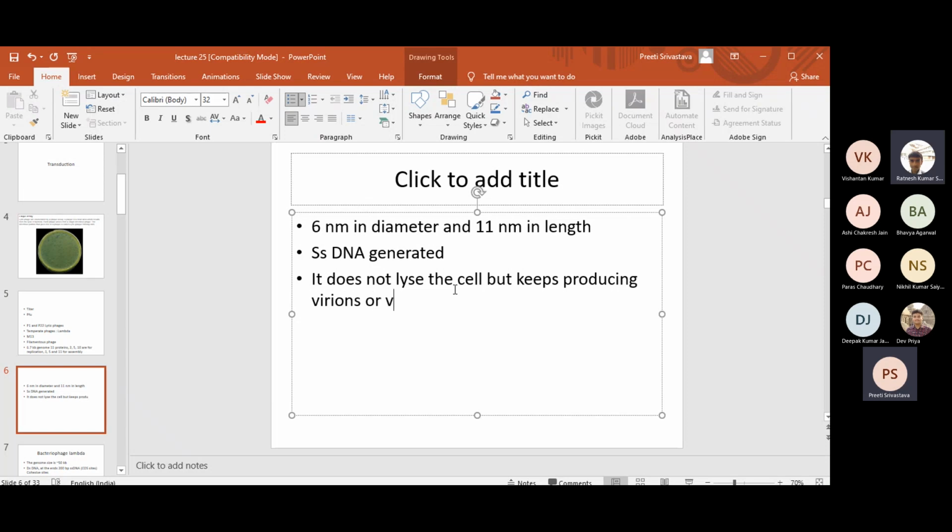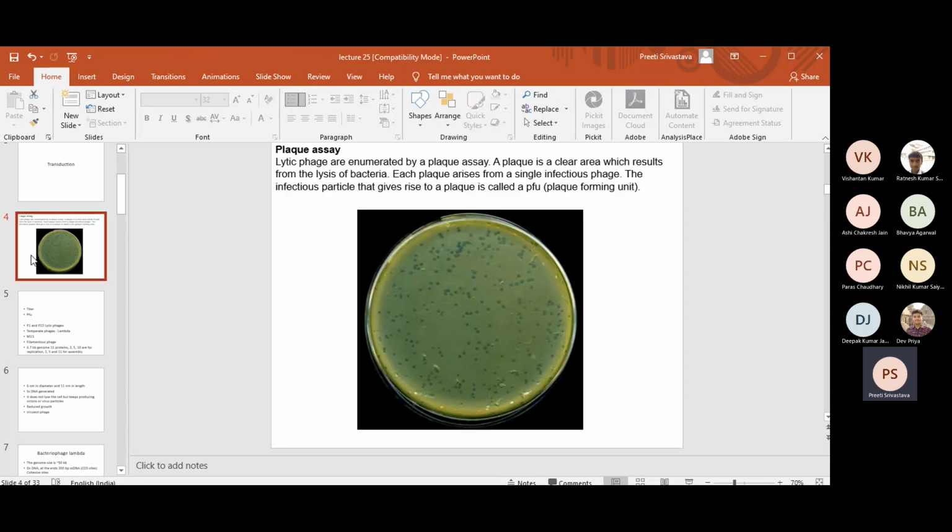Because of its thin structure, it escapes from the cell membrane without lysing. And therefore what you will see is regions of reduced growth. You do not see big colonies. When you have a virulent phage, you are going to see plaques like this, correct?